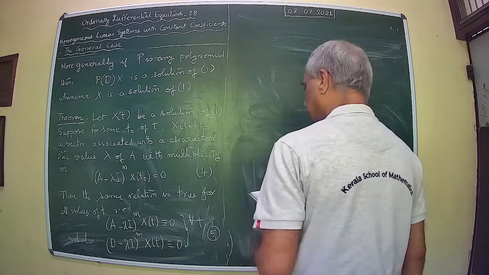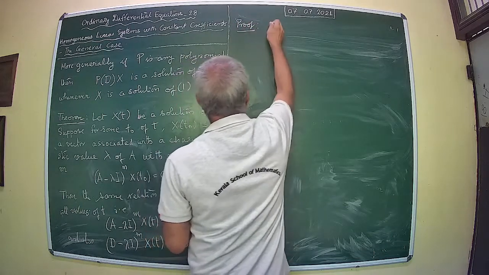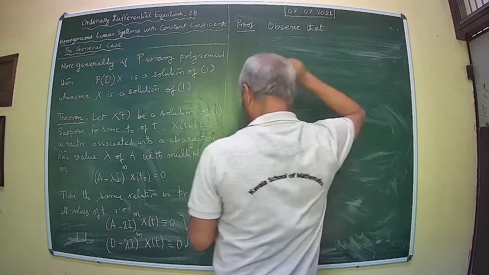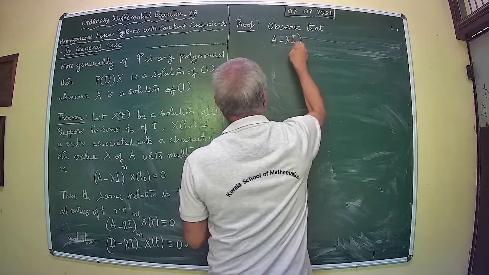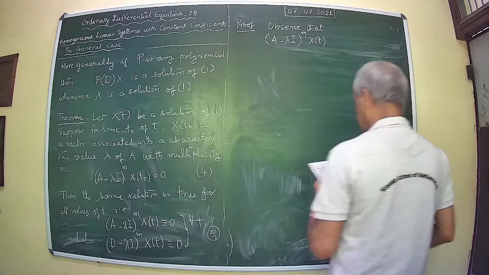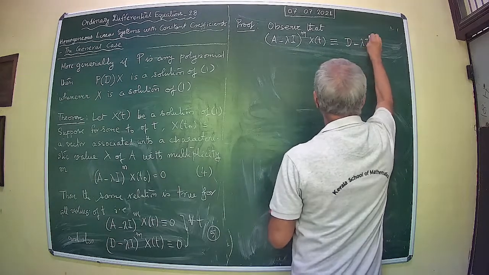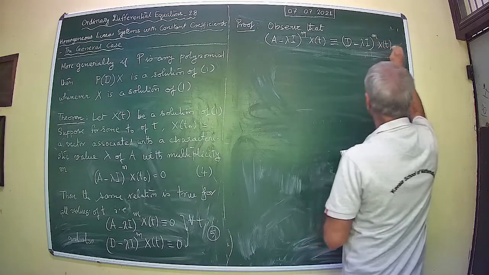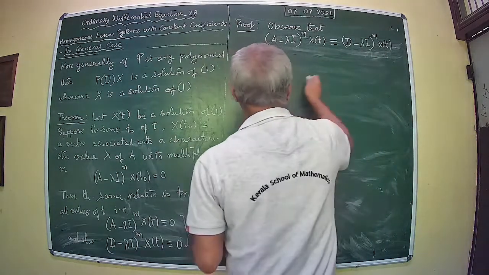So you observe the following. Observe that (A minus lambda I) to the power m, applied to x(t), is identically equal to (D minus lambda I) to the power m x(t), provided of course x is a solution of the equation.